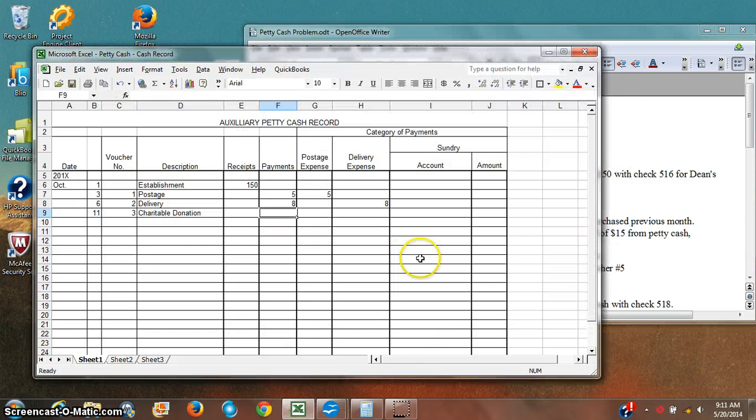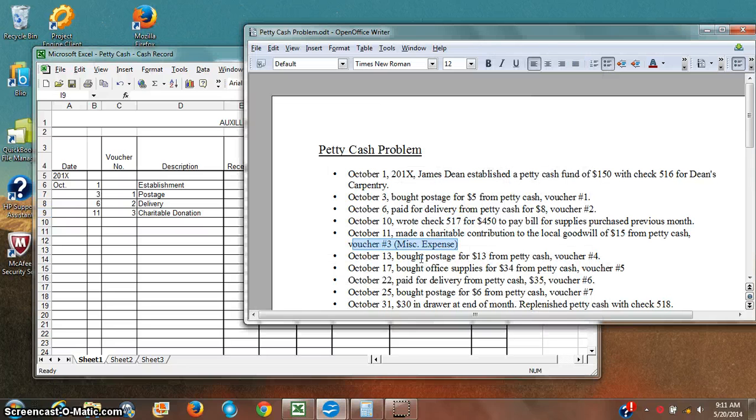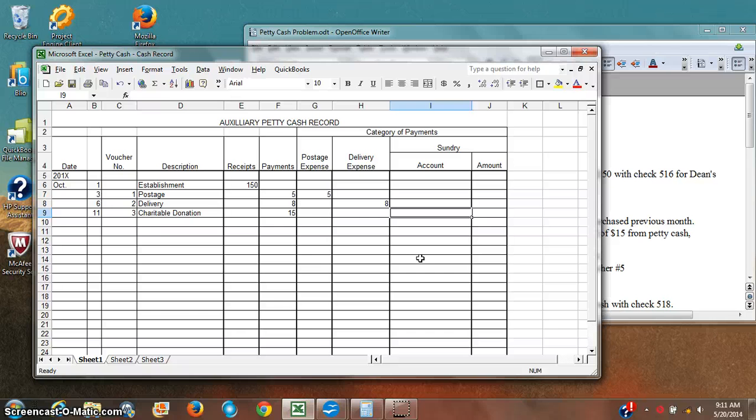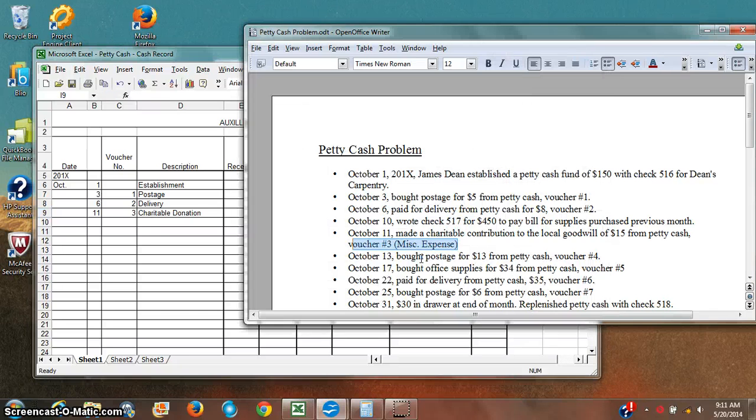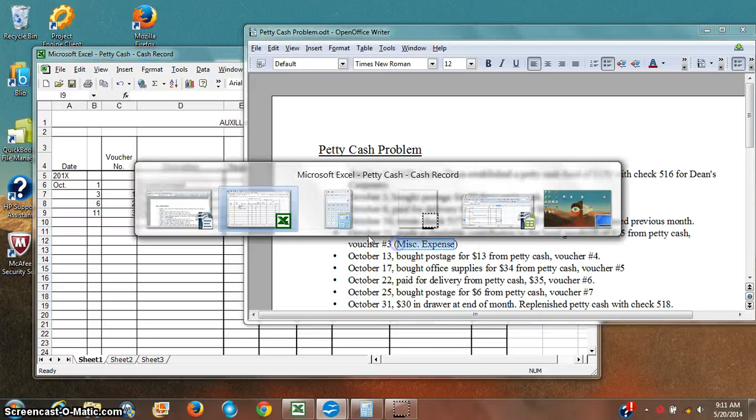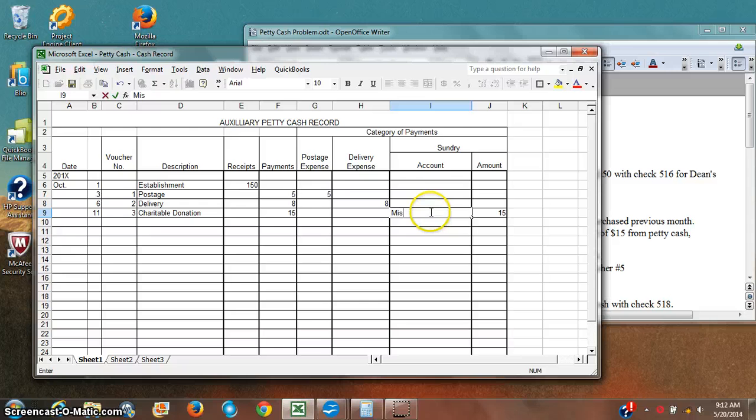This is a payment for $15. It's neither postage nor delivery expense, so for the first time I'm going to use this sundry column here. It's $15. And it's made a note, this is a miscellaneous expense. So I'll just write it there. Charitable donation.